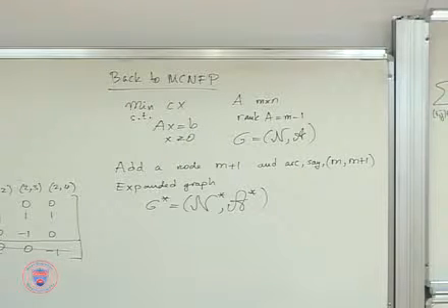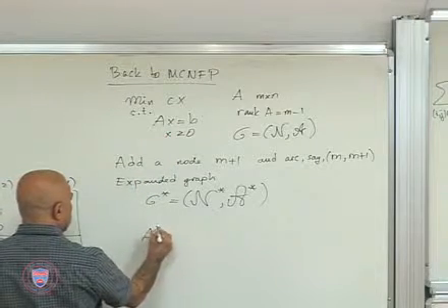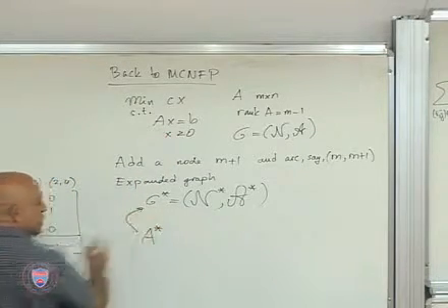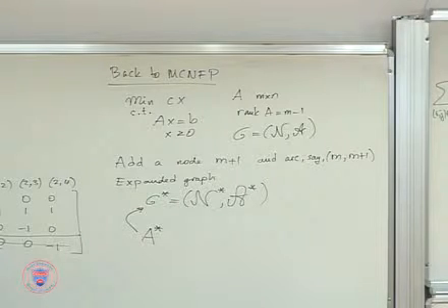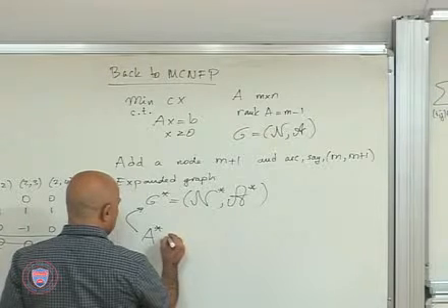Now, if you look at the node arc incidence matrix of this graph, what's the rank of it? It's going to be m.